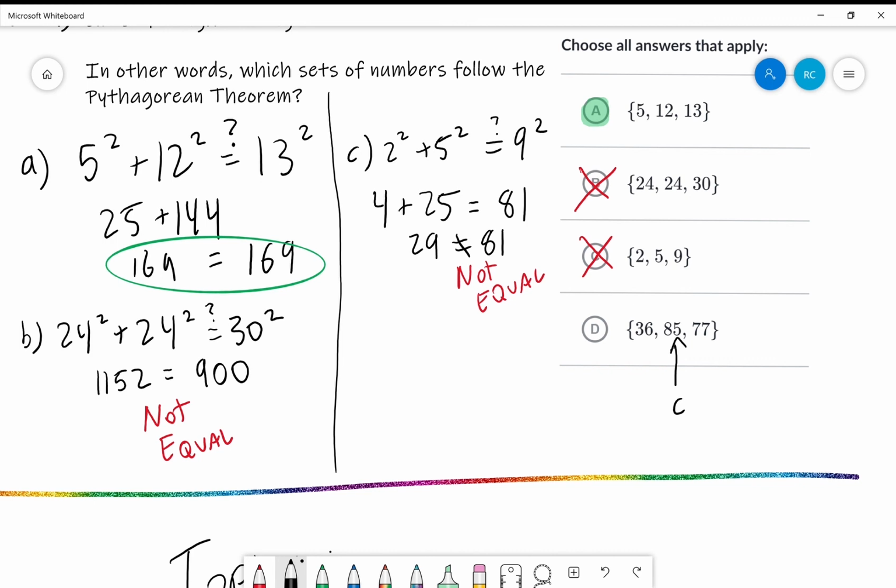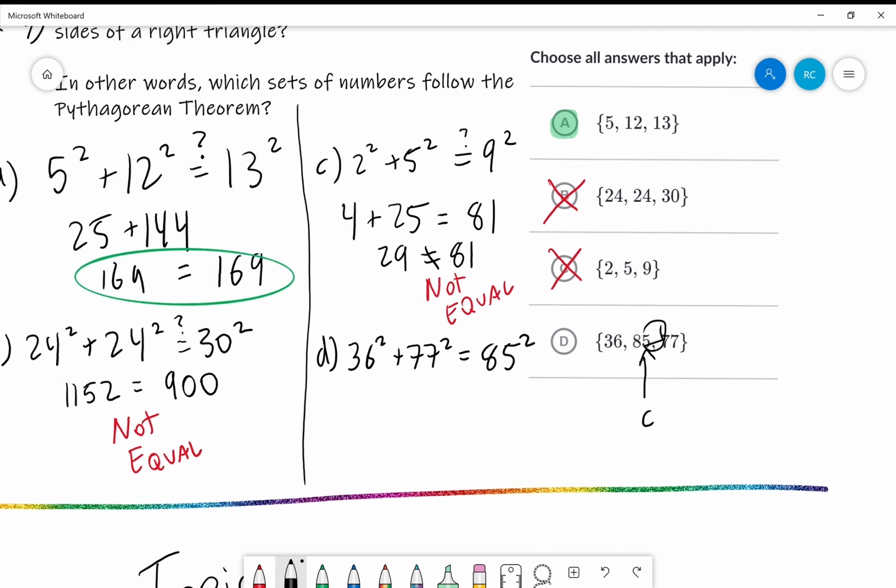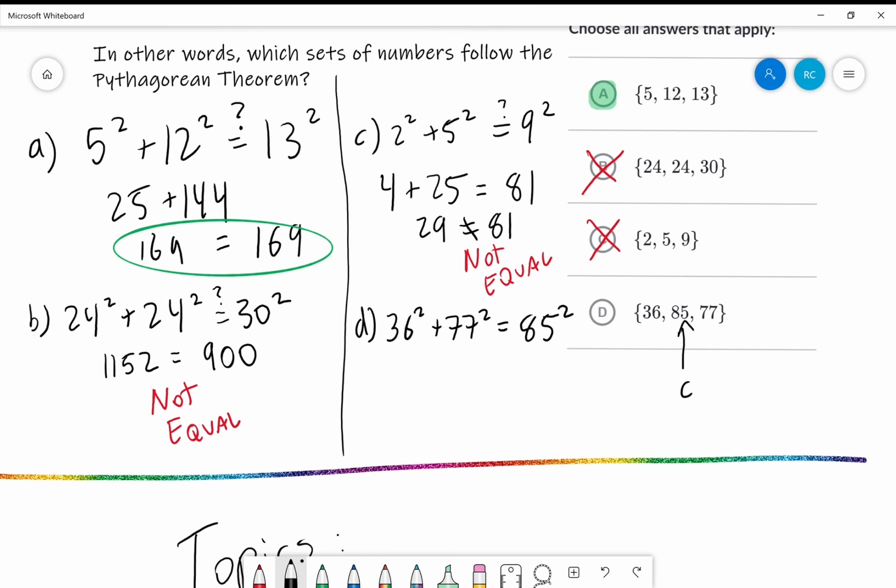So the question is, is 36 squared plus 77 squared equal to 85 squared? Now, if you didn't notice that 85 is the biggest number, you might have set this up very wrong.